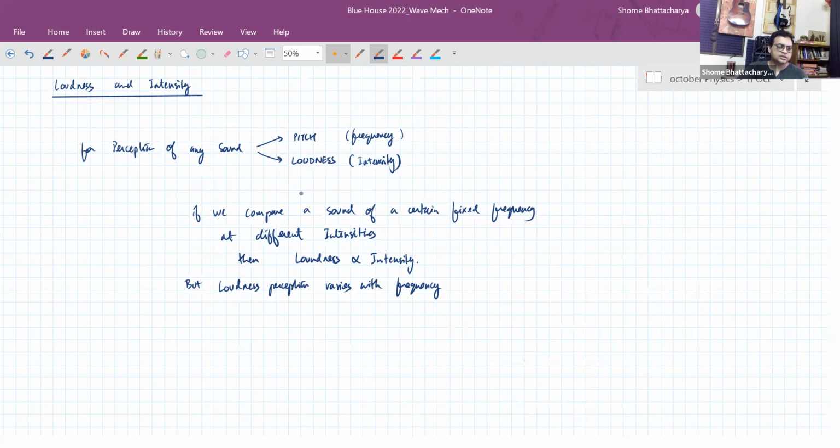So our human hearing system is tuned in such a way that certain frequencies appear to be louder to us than other frequencies.